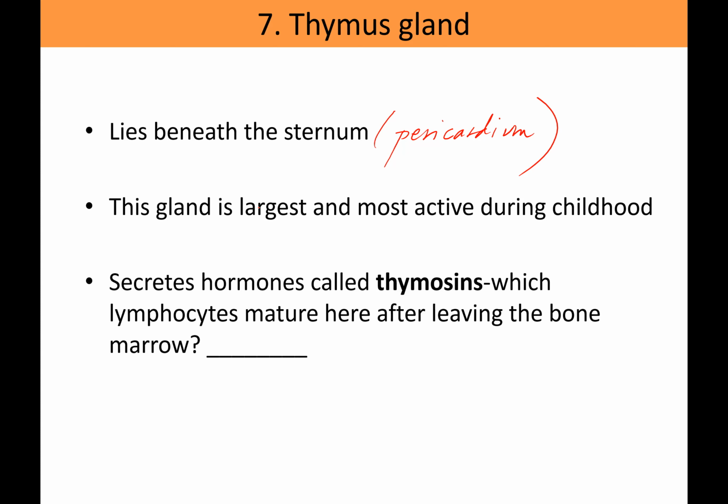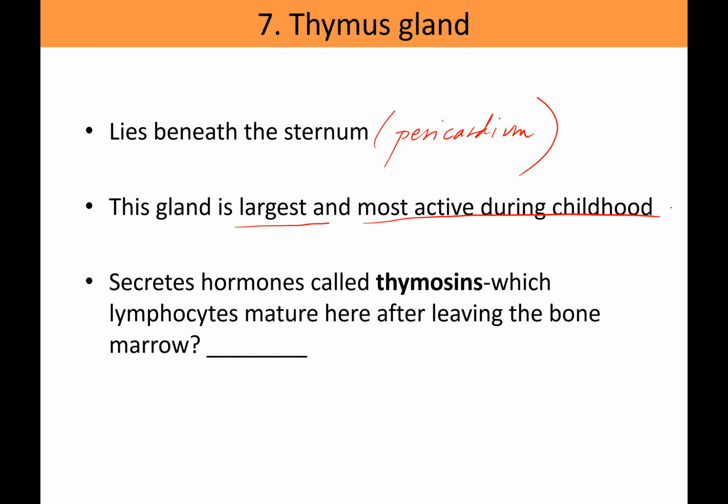So it starts out small, it gets larger and larger as you are really developing your immune system. So, as you go to public school and you're exposed to other children that have colds and flus and things like that, your thymus is going to get larger and larger, and then it starts to atrophy. It really starts to get smaller as an adult.